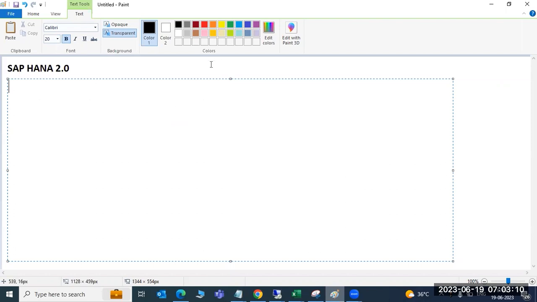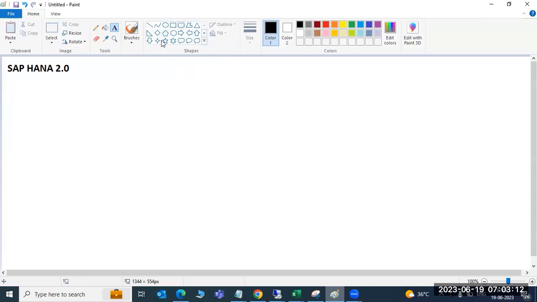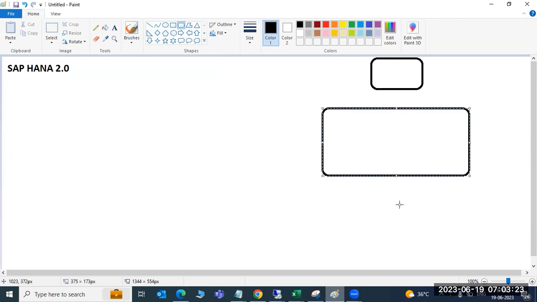If you talk about the SAP architecture, SAP architecture is a three-tier architecture, which means we have the presentation layer, the application layer, and the DB layer. This is our SAP architecture.